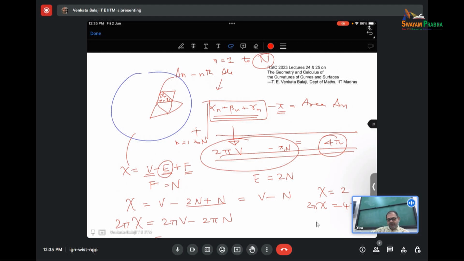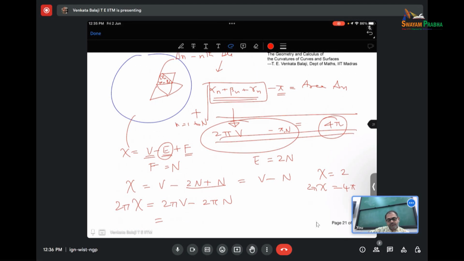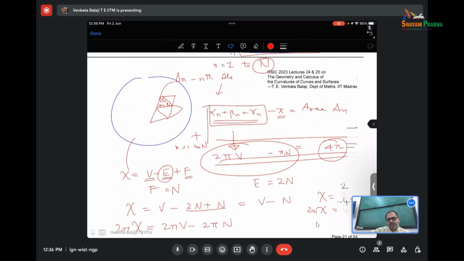Around each vertex I have 2 pi. 2 pi is the angle around each vertex. So if I add all this, I am going to get 2 pi times V. That is correct. And then if I sum all these, there are n triangles, so I'll get pi n.